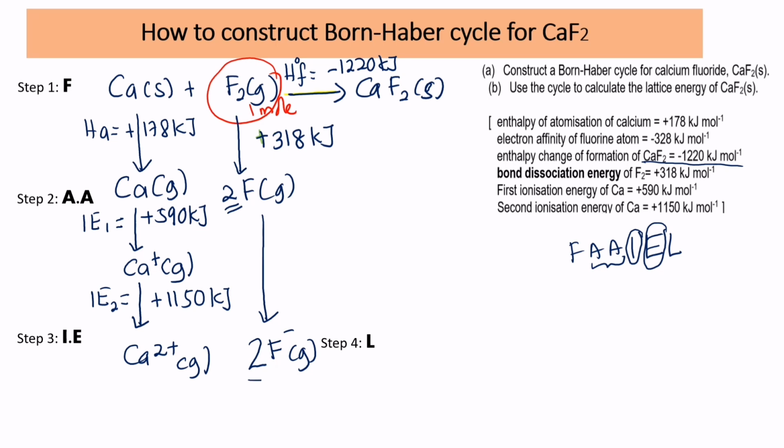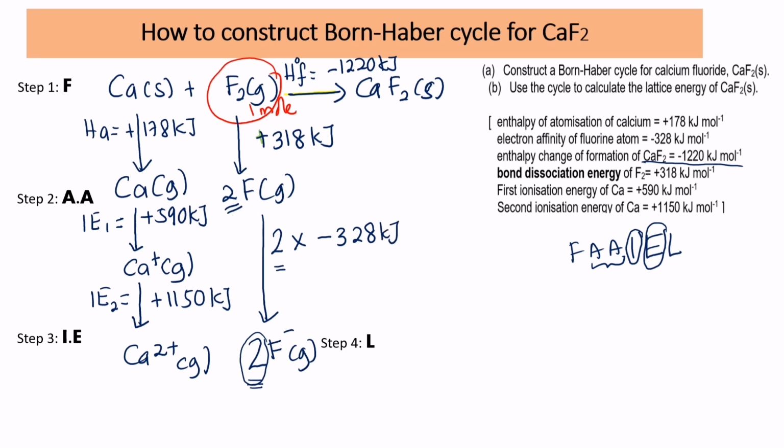Because we want to form 2F-, we have to multiply the electron affinity by 2. So 2 times negative 328. Negative 328 refers to the formation of 1 mole of F- gas.